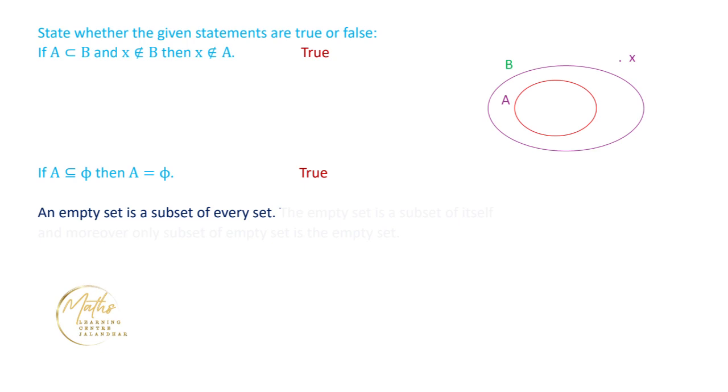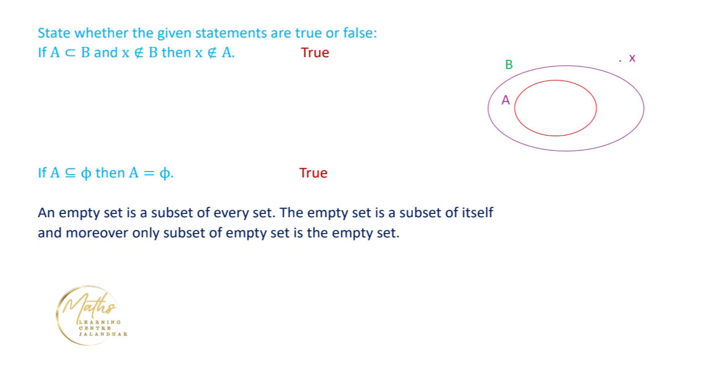And further, the empty set is a subset of itself. It means empty set is a subset of itself, and moreover the only subset of the empty set is the empty set. So we will look at the proof of these statements in our next slides.